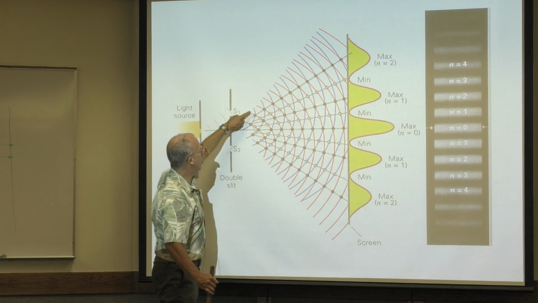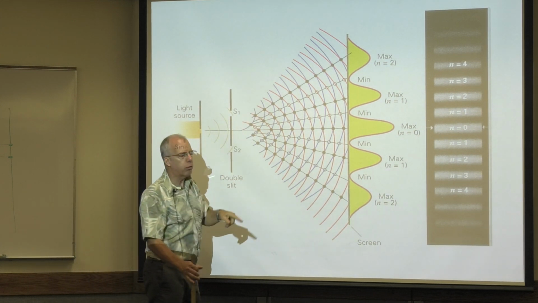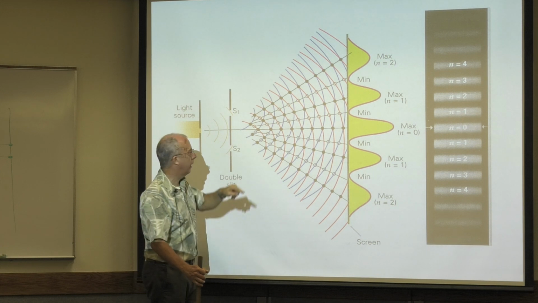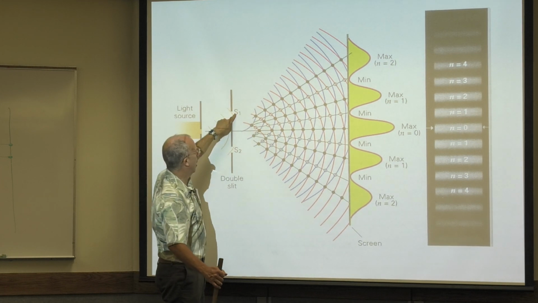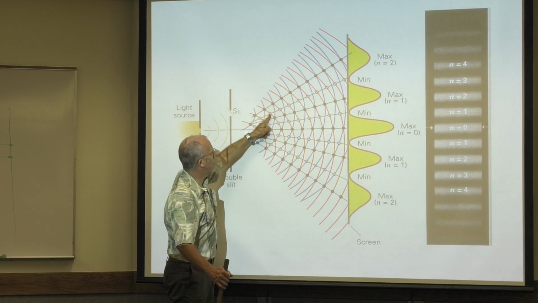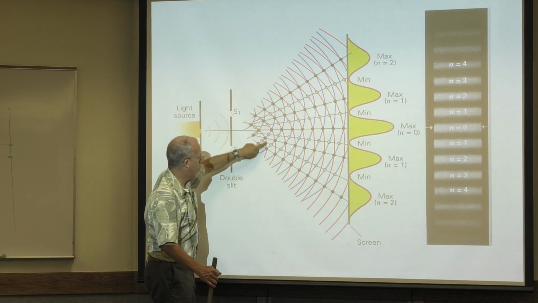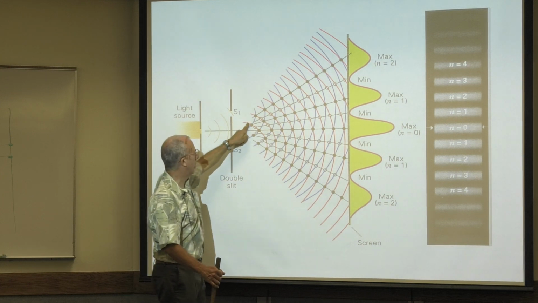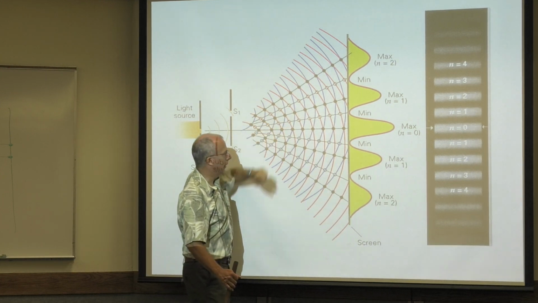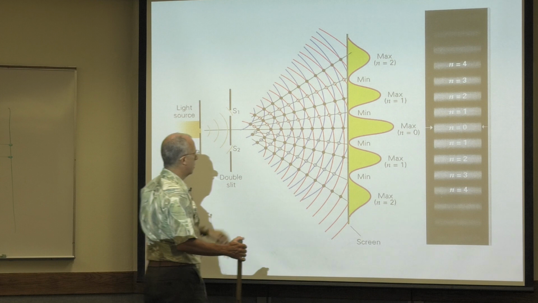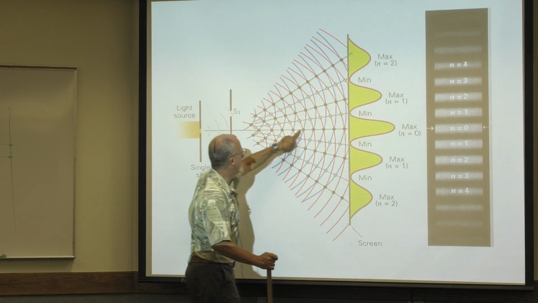All right, so the blue ones are the wave crests, or what I always call the maxes, from S1, and they're spaced a wavelength apart. The red ones are the wave crests, or the maxes, from S2. And again, they're spaced a wavelength apart, okay? So let's look at this line right here.